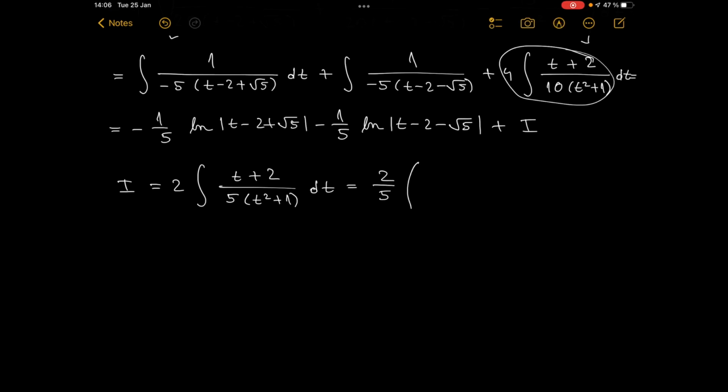I'll separate this again, of t over t squared plus 1 dt plus 2 integrals of 1 over t squared plus 1. Of course, this is also dt.